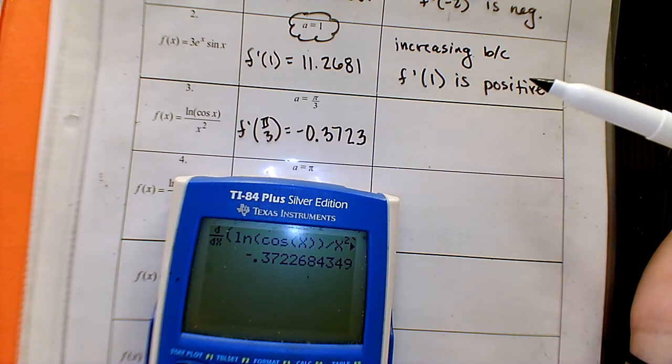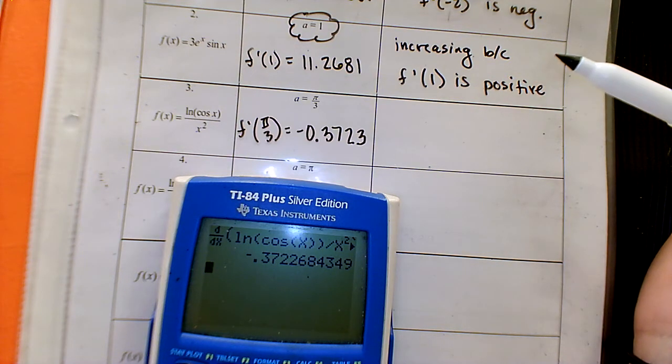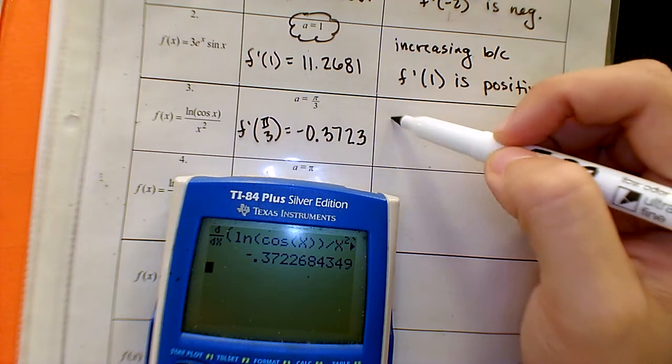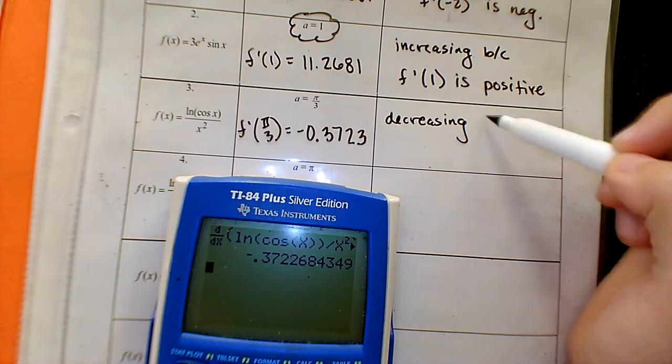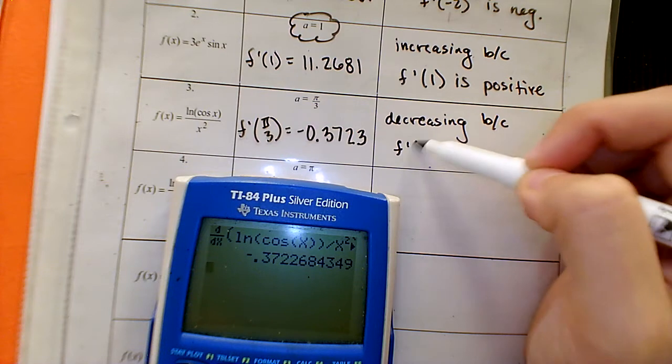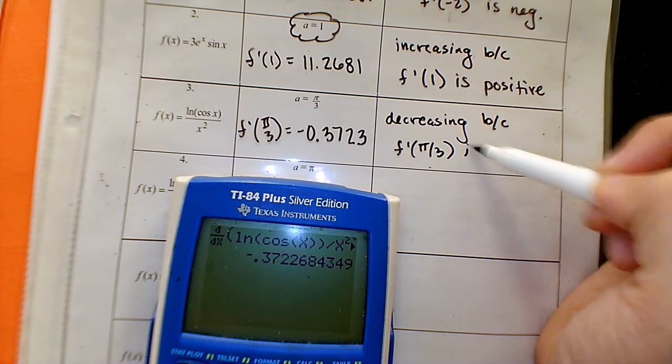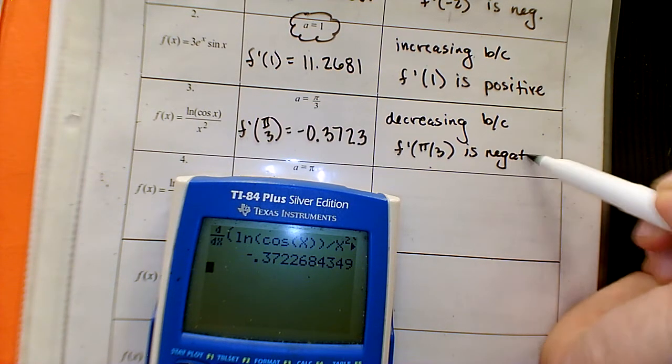Are we getting these numbers? Is the calculator working out for us? Yeah. All right, so for number 3, f of x would be decreasing because our derivative is negative.